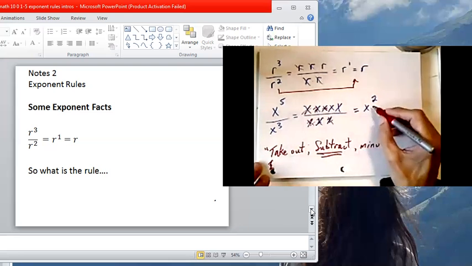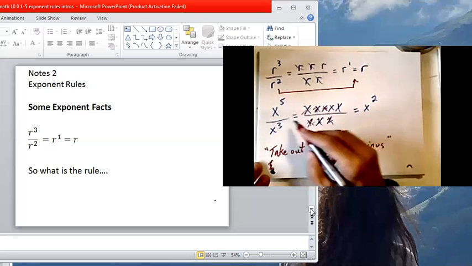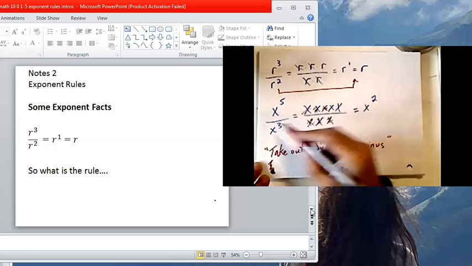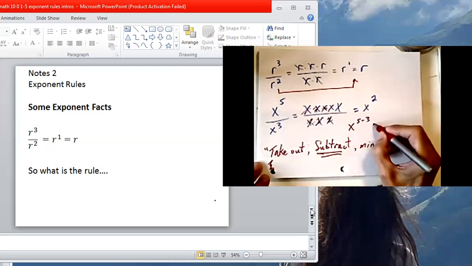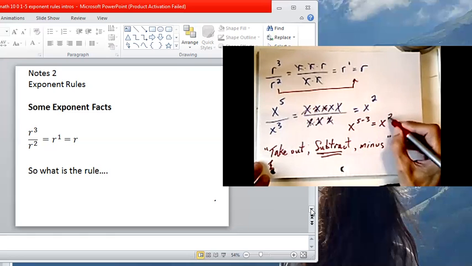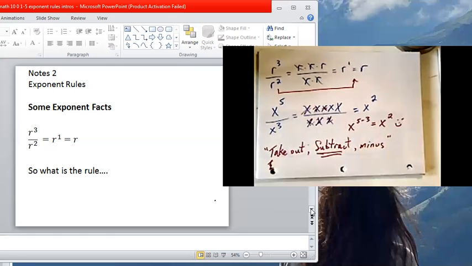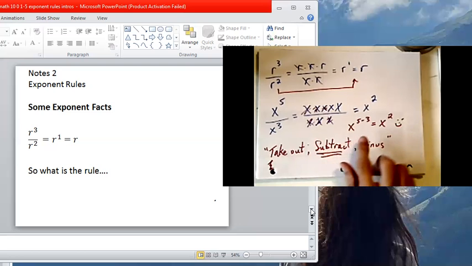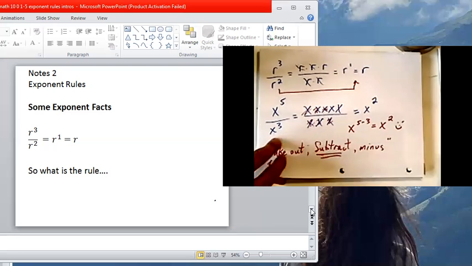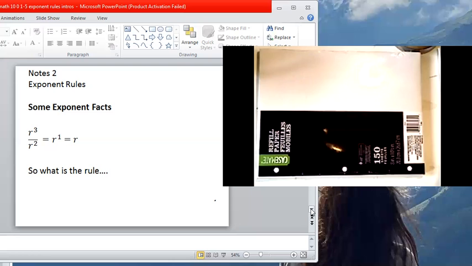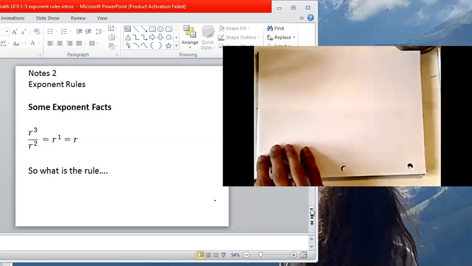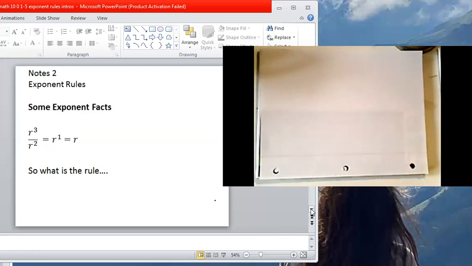So just to confirm, x to the 5 minus 3 is the same as x squared. Nicely done. Okay, so just to rewrite it so it looks professional, what's the rule?